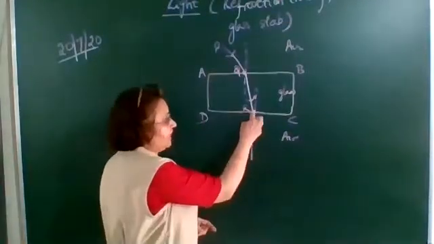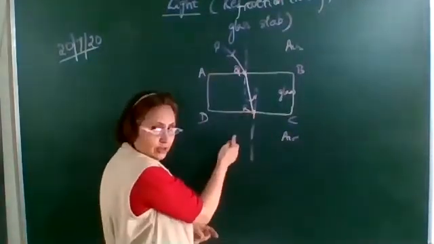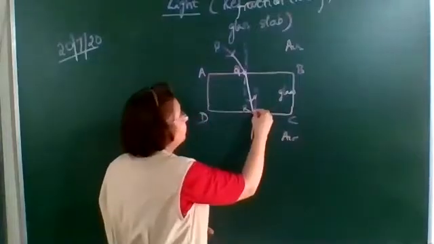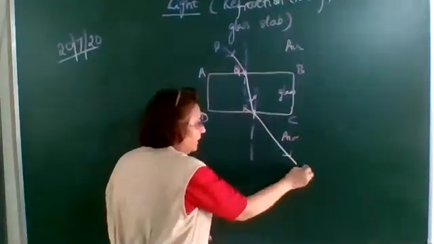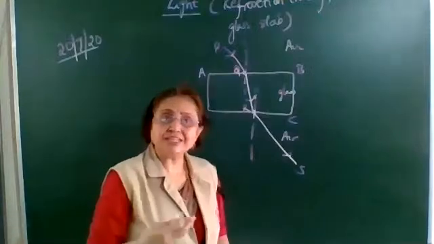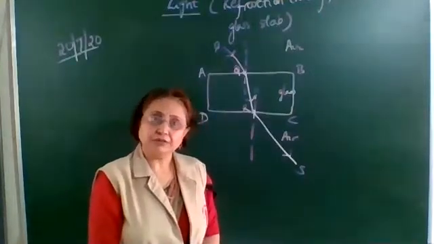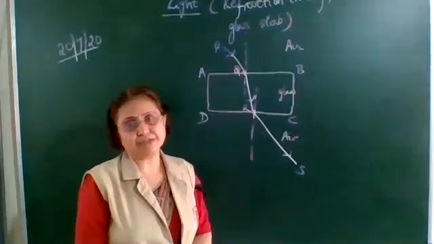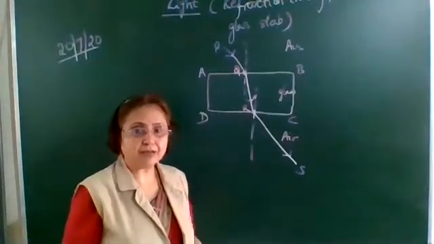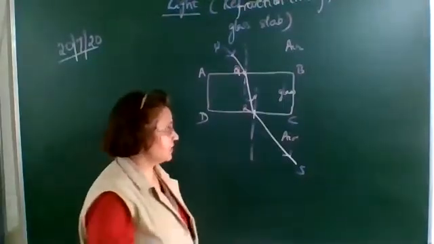So this ray will not go straight, it will bend away from the normal. So the RS ray, which is emerging back into air, we call the emergent ray.